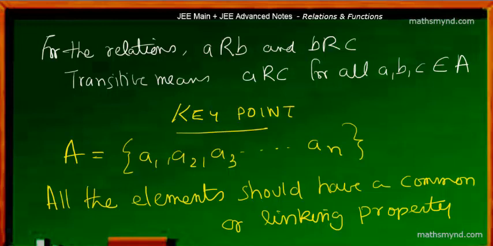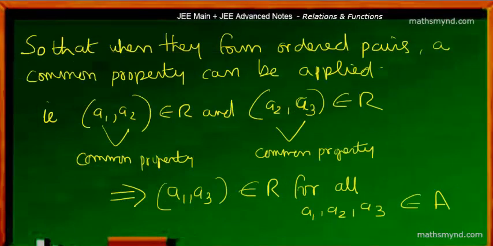And also note the point that if such a thing is possible, it means that you can arbitrarily choose any element. That is, you can choose a1, an or a3, an, or suppose there are 60 elements, then you can choose a40 and a60 or any ordered pairs you can choose. There's no problem in it.